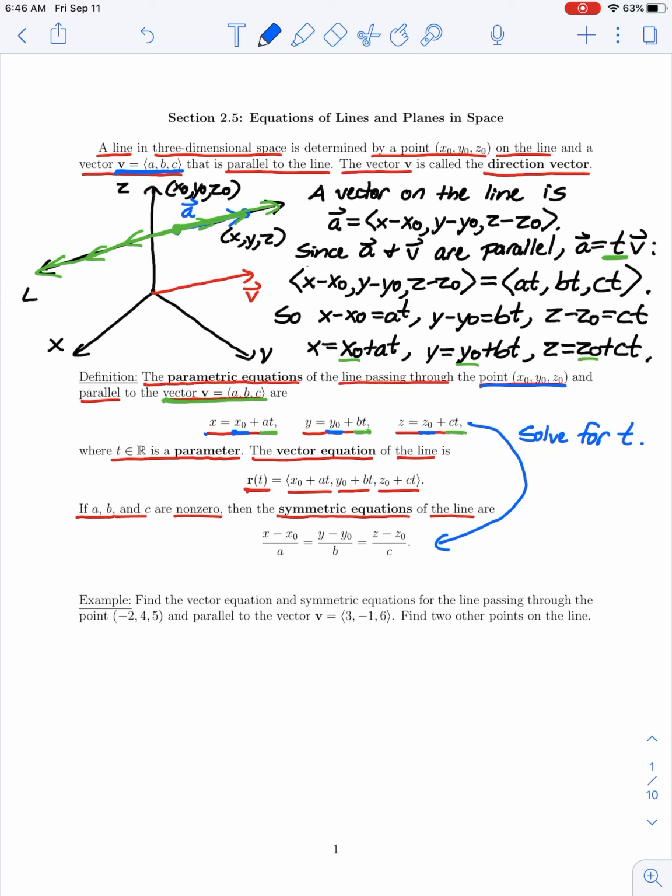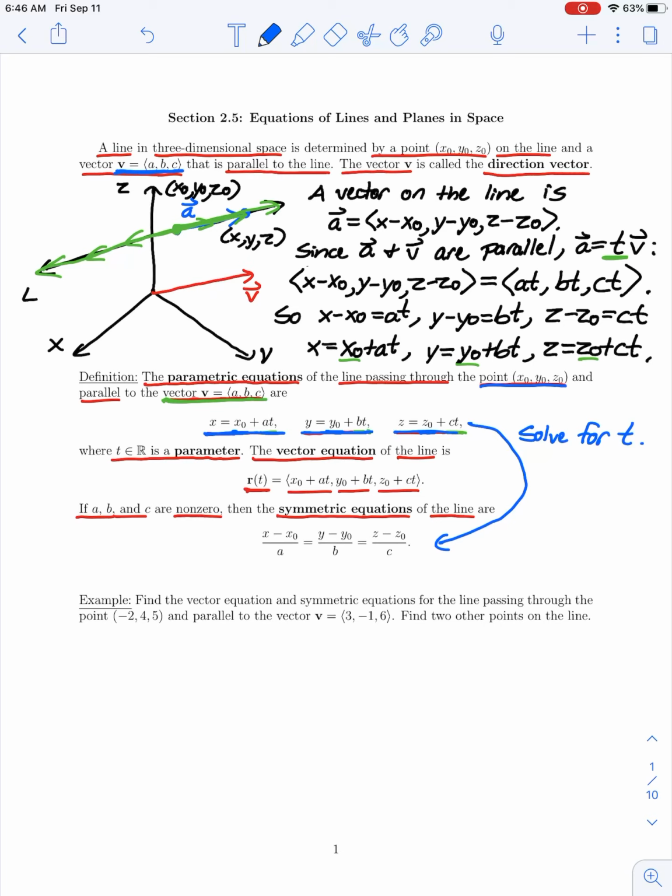For instance, if I look at my first parametric equation here and solve for t, I would have x minus x naught all over a. Similarly, if I solve the second parametric equation for t, I would have y minus y naught all over b.